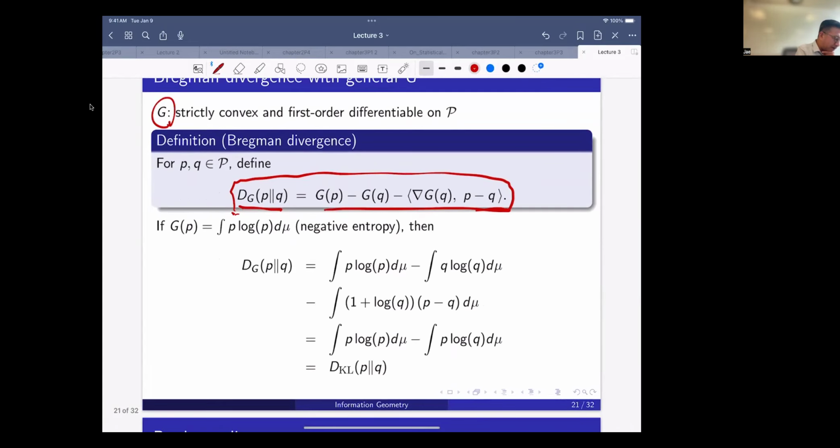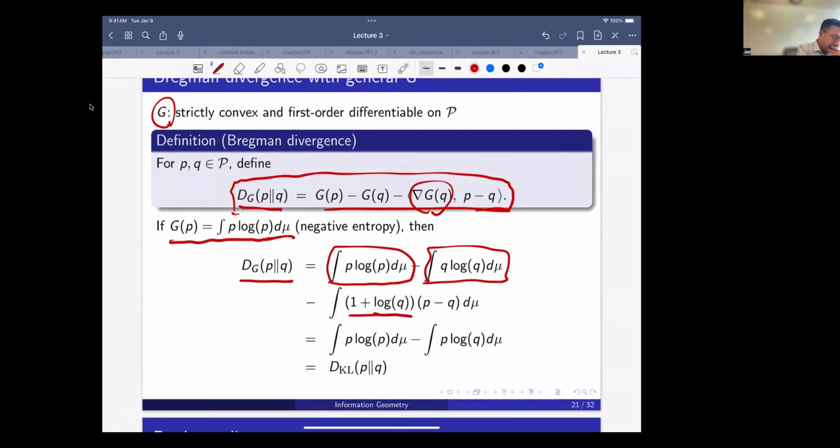So remember, if we choose this particular one, then you can actually work out the definition. So G of P and G of Q, and this is the derivative, right? This guy, and P minus Q, and then integration. The inner product is just the integration.